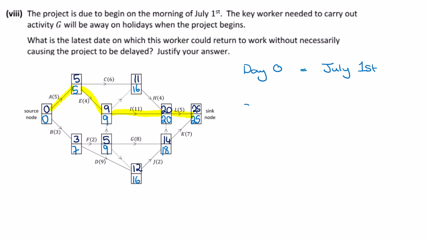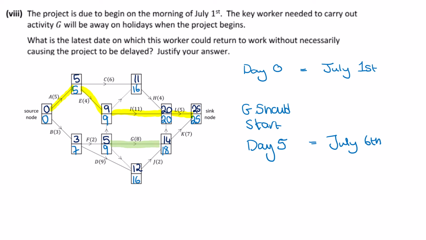So activity G should start on day 5, which is July 6th. But it has a float. So let's take a look at G down here. So the float of G is 18 minus 5 minus 8, which is 5 days.